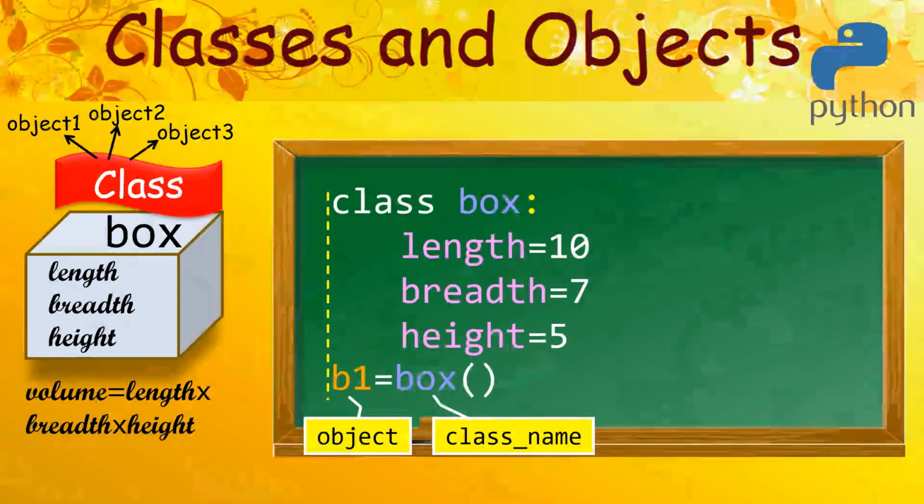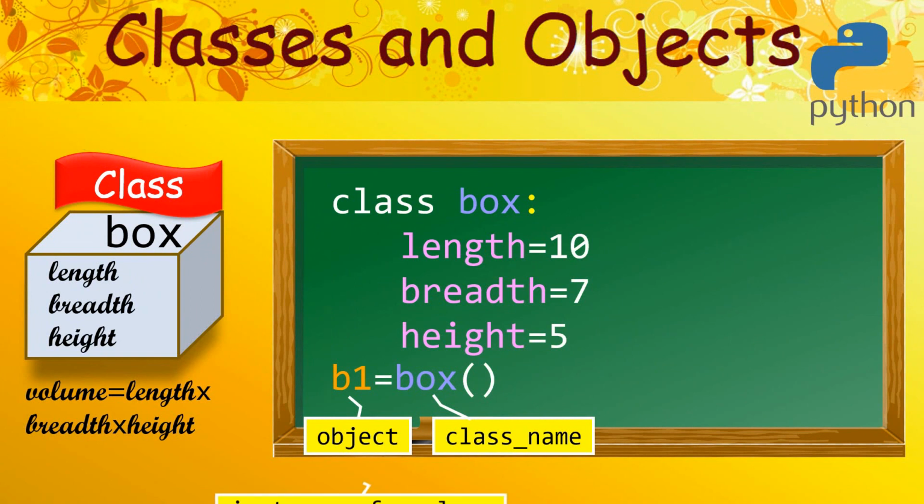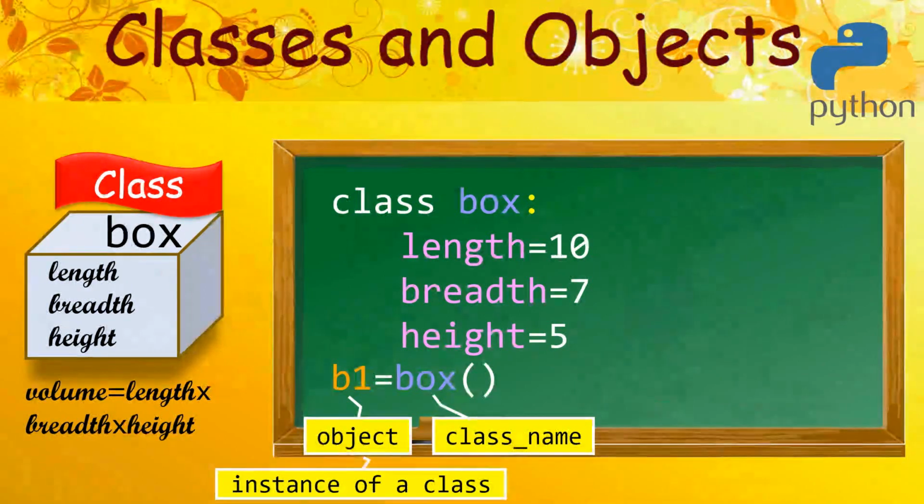In object-oriented programming, an object is an instance of a class. And in this assignment statement, B1 is equal to box parenthesis, an instance of the class box is created. That is, an object of the class box is created.